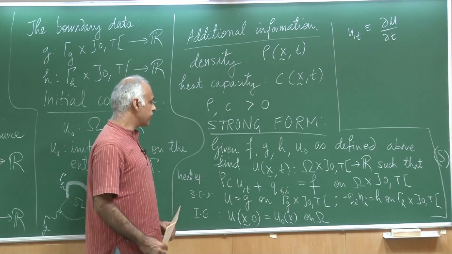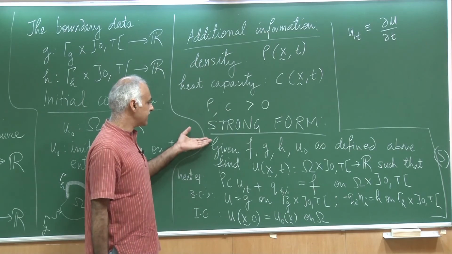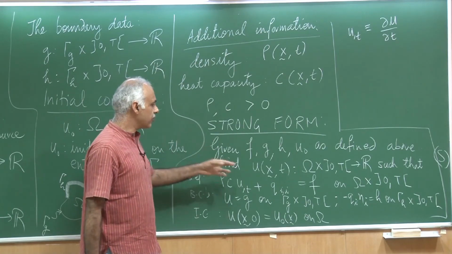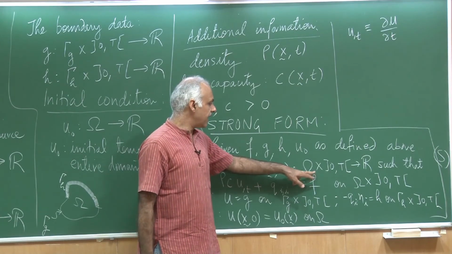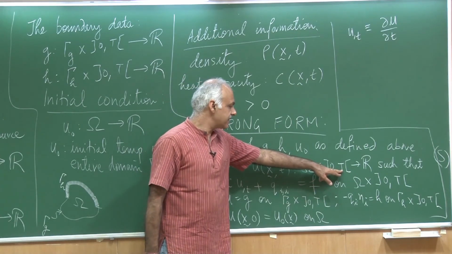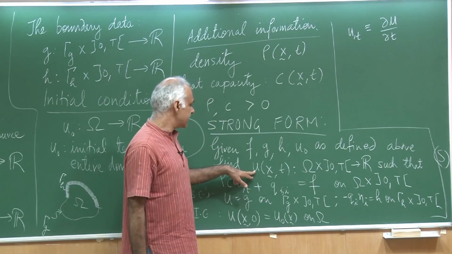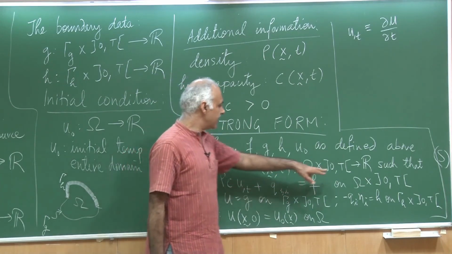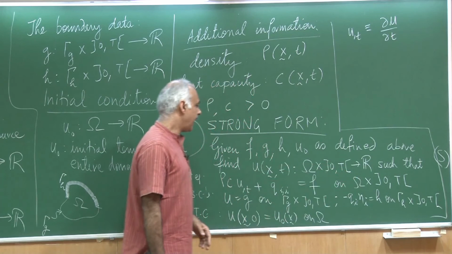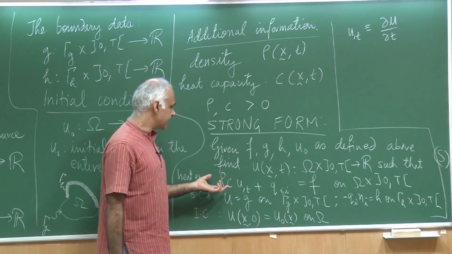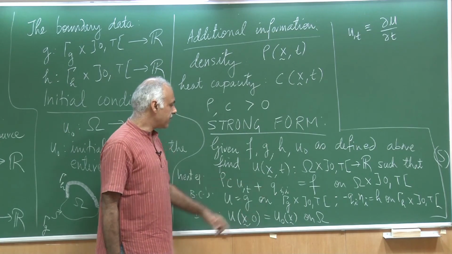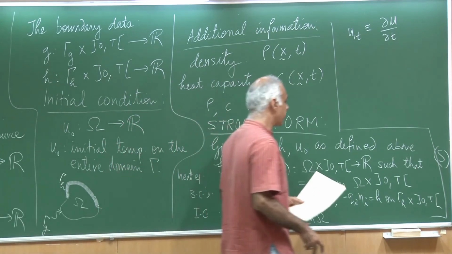Just to review for you, what we are saying is that there is a given domain, spatial domain omega. I am interested in time going from 0 to uppercase T. I am to find this temperature field u, which is a real valued function, and to do that I must invoke the balance law. So, this is the heat conduction equation. If you remember q, let me write down q for you.